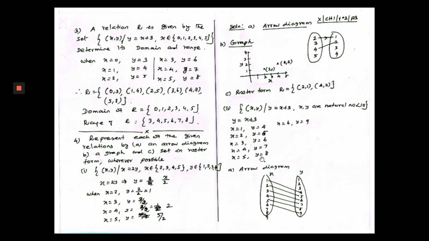So for the arrow diagram, 1 goes to 4. Here write all the values of x from 1 to 9, and the y values, the natural numbers less than 10, 1 to 9. Here 1 goes to 4, 2 goes to 5, 3 goes to 6, 4 goes to 7, 5 goes to 8. So the arrow diagram is over.